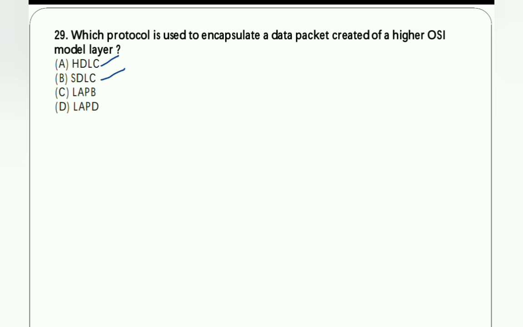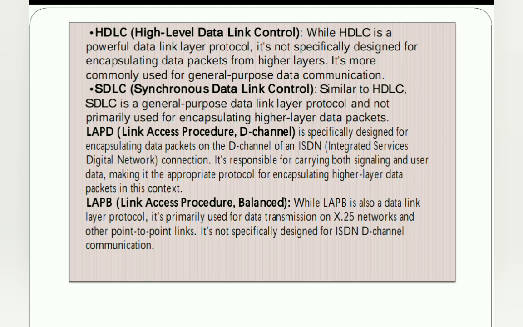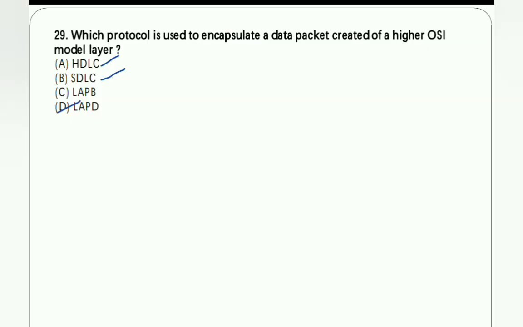And LAPB, Link Access Protocol Balanced, is also a data link layer protocol, basically used in the communication of X.25 networks and point-to-point networks. So we use the Link Access Protocol LAPB to encapsulate higher layer data packets in this context. So the answer is option D. Option D is the correct answer.